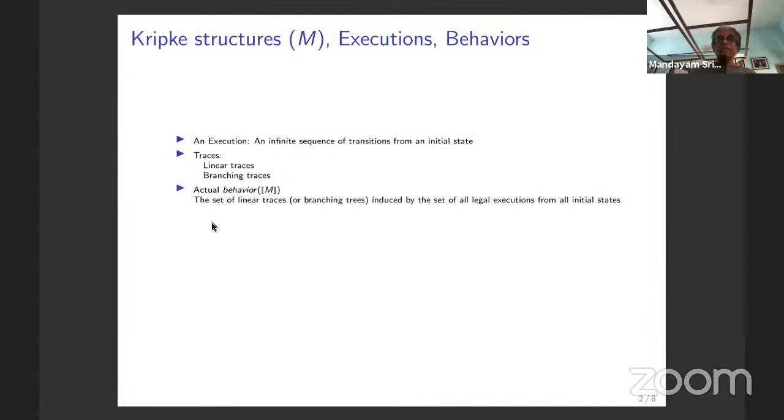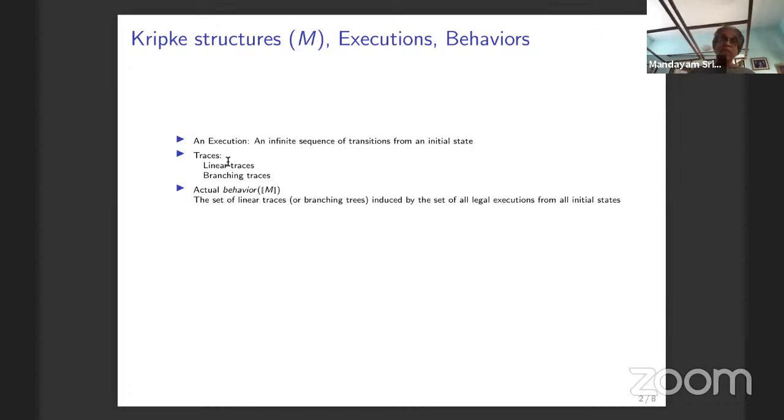There are two concepts associated with Kripke structures: the actual behavior, which is the set of either linear traces or branching traces induced by the set of all legal executions. An execution is an infinite sequence of transitions from any one of the initial states.